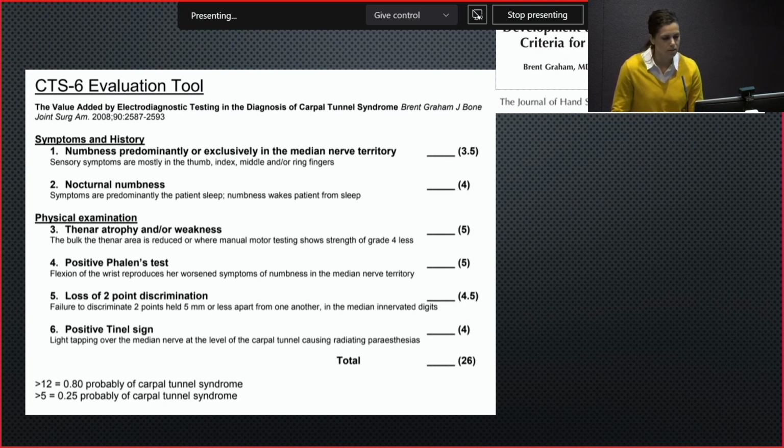It consists of 6 clinical components with different point values, and 2 of these are subjective criteria and the other 4 are objective. The first is numbness predominantly in the median nerve distribution, nocturnal symptoms primarily, weakness or atrophy in the thenar muscles, a positive Phelan's test, loss of 2-point discrimination, so greater than 5 millimeters, and a positive Tinel's test.